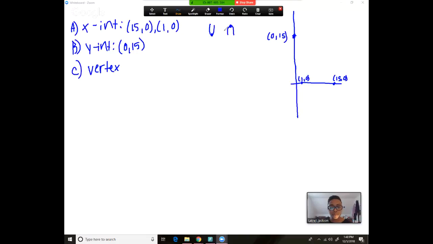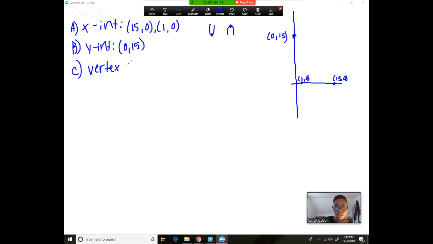It's basically where the change starts happening, because first it's going down, then it starts to change and go up. So you want that point right there. That's going to help you determine where your parabola is changing. The vertex is a point.